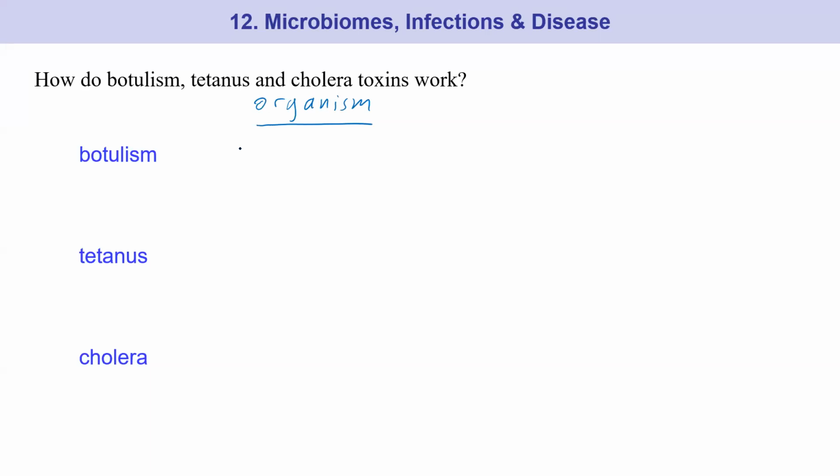So the organism for botulism is a Clostridium, and it's botulinum. And tetanus is another Clostridium.